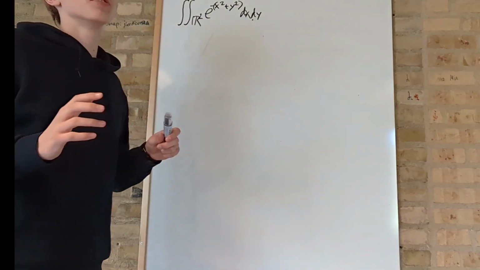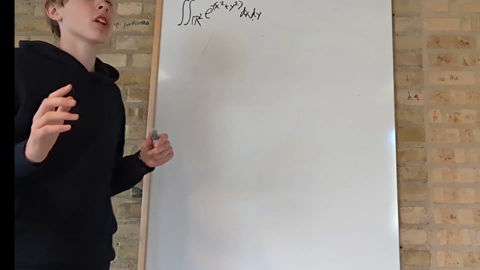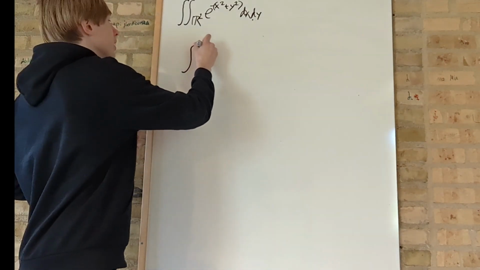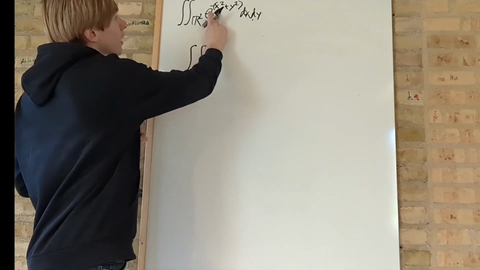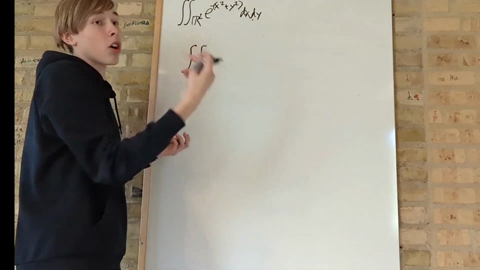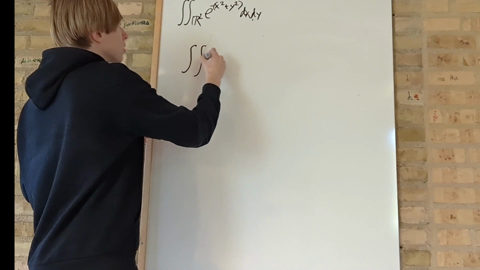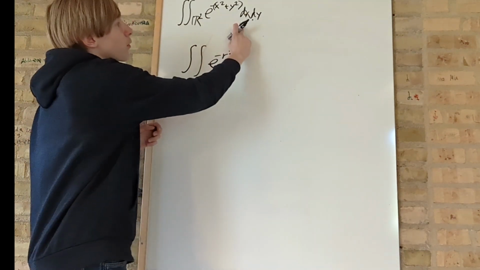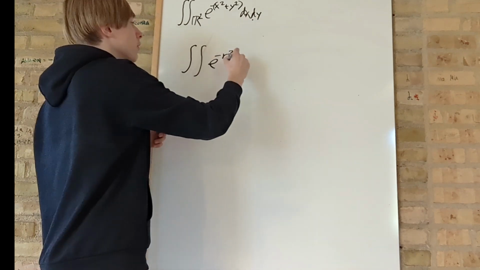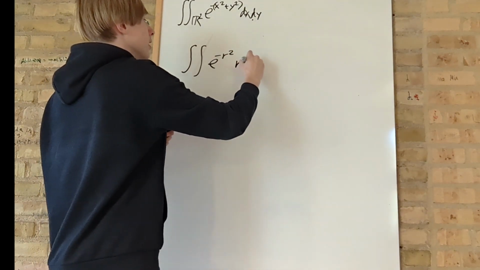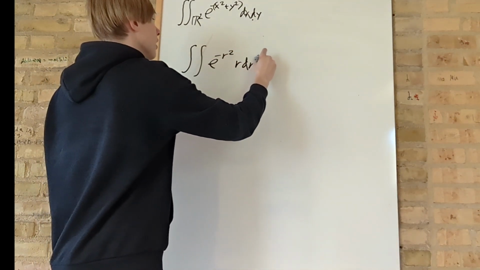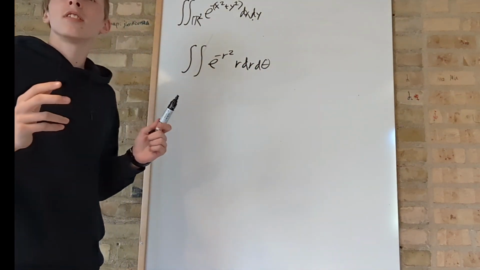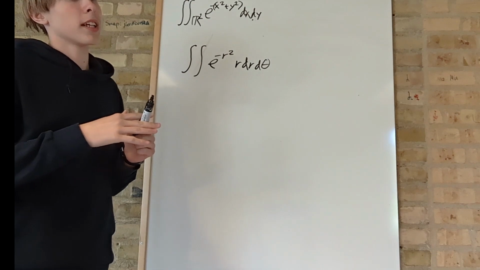And now we're ready to plug this back into the original integral. Now we want to plug these results in, and so we will still be left with a double integral. And now x squared plus y squared is equal to r squared by definition. So this will just be e to the minus r squared. And now we found the change in variable will give us r for the Jacobian and then dr d theta. And then we want to think about the interval we will integrate.